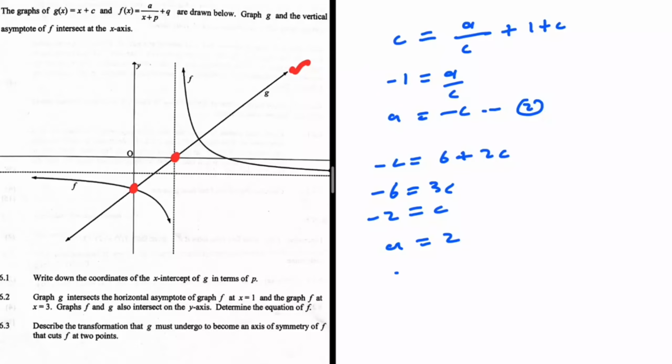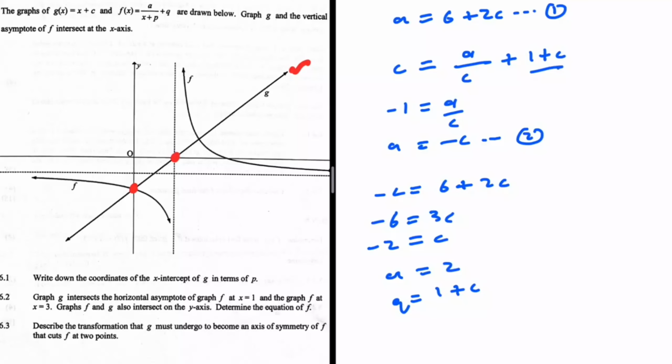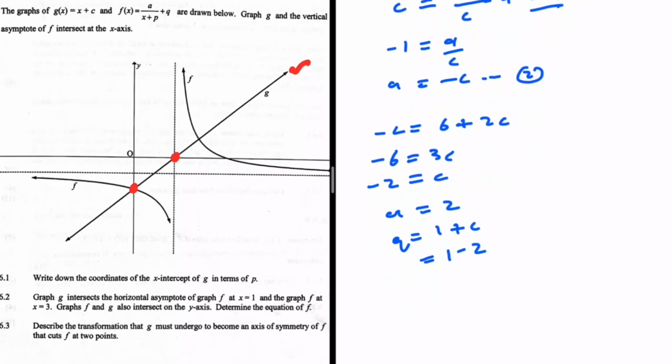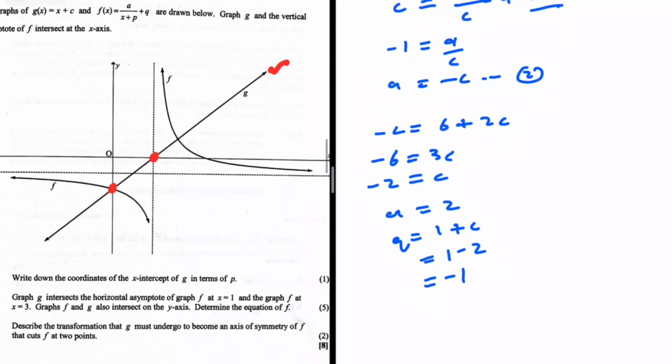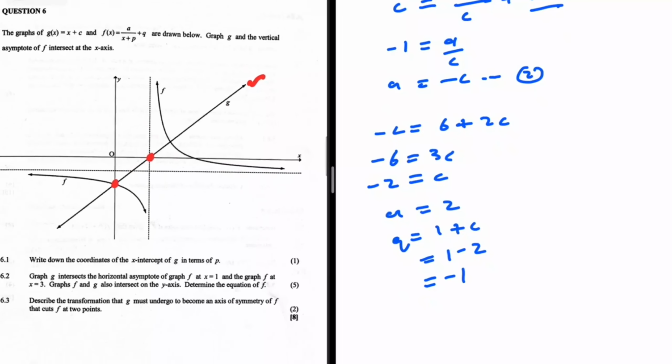So I have a, I have c. I know that q is equal to 1 plus c, as we can see there. Okay, so q will be equal to 1, c is minus 2. So are we saying that q is minus 1? Let's see if it makes sense. Q equals minus 1 makes sense.